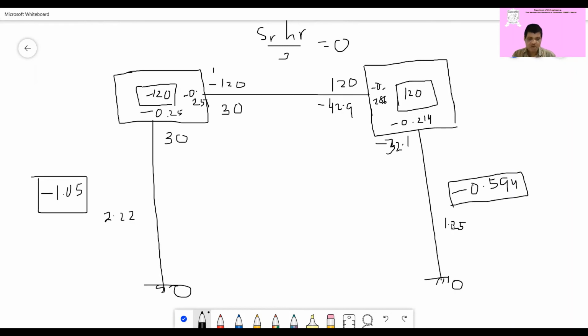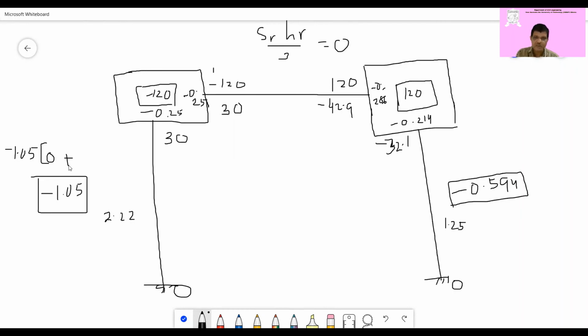I think now you understand how to calculate these values. Now, what I have discussed here, how to find this 2.22. This 2.22 is equal to minus 1.05 multiplied by the story moment, which is 0. Okay. Then you have to take these moments from these parentheses.